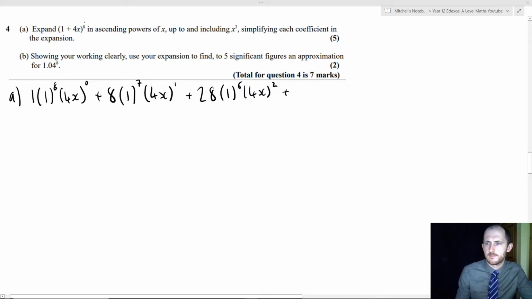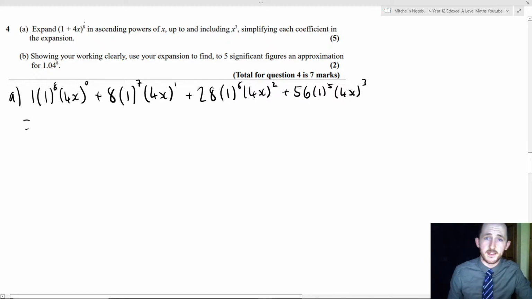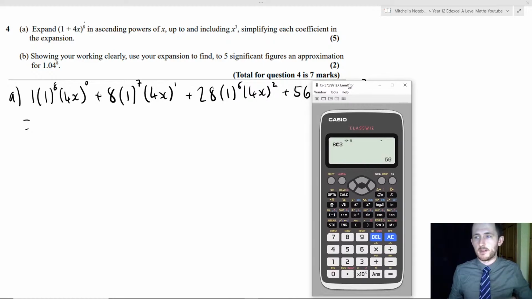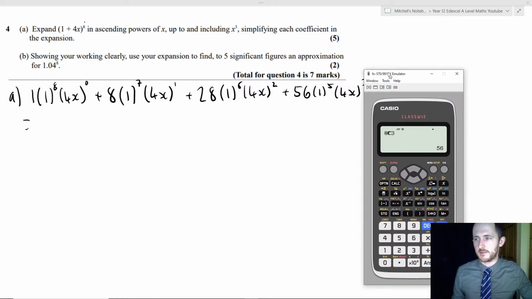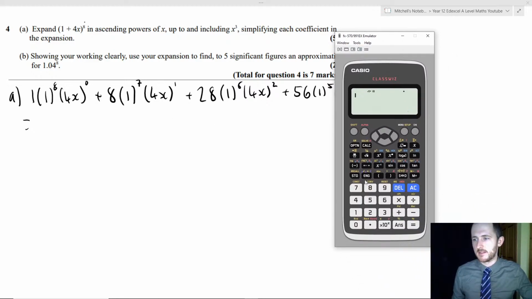56. Okay, so again, it's tedious, boring, but to be fair, if you find this tedious, then you'll really enjoy the A2 binomial expansion, where you have to do it kind of without a calculator, so just keep that in mind. Again, I'm going to type in exactly what we're doing. That's 1.